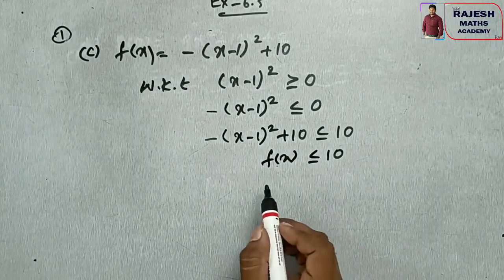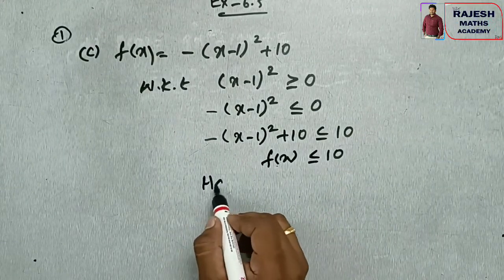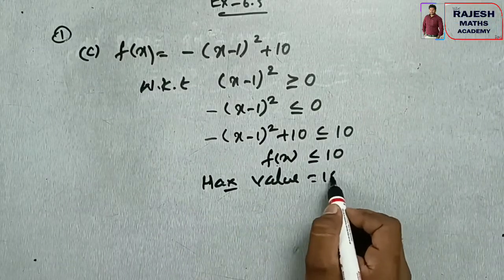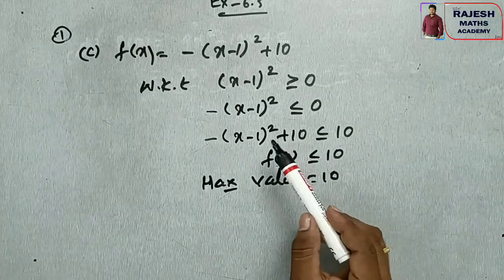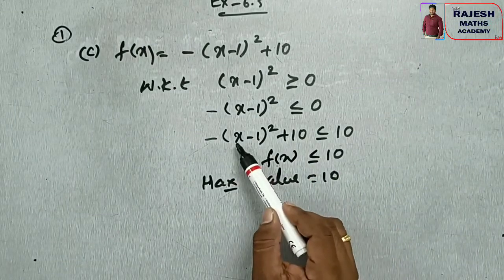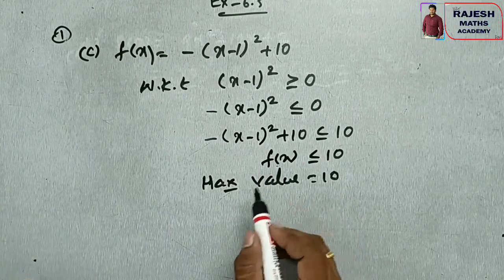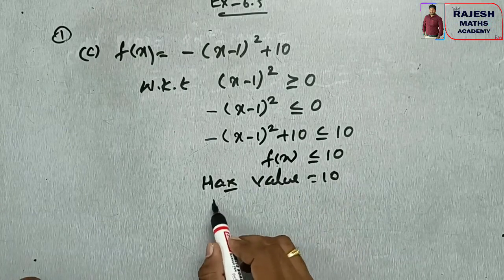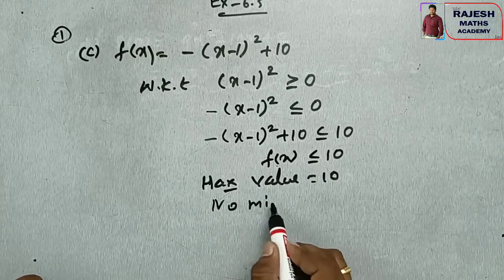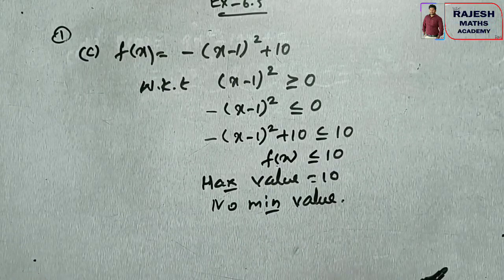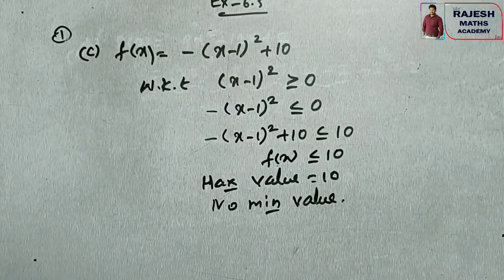So I can find the maximum value: maximum value of f of x equal to 10. As x gets larger, we get very large negative values, so we can say that there is no minimum value for this function. Clear?